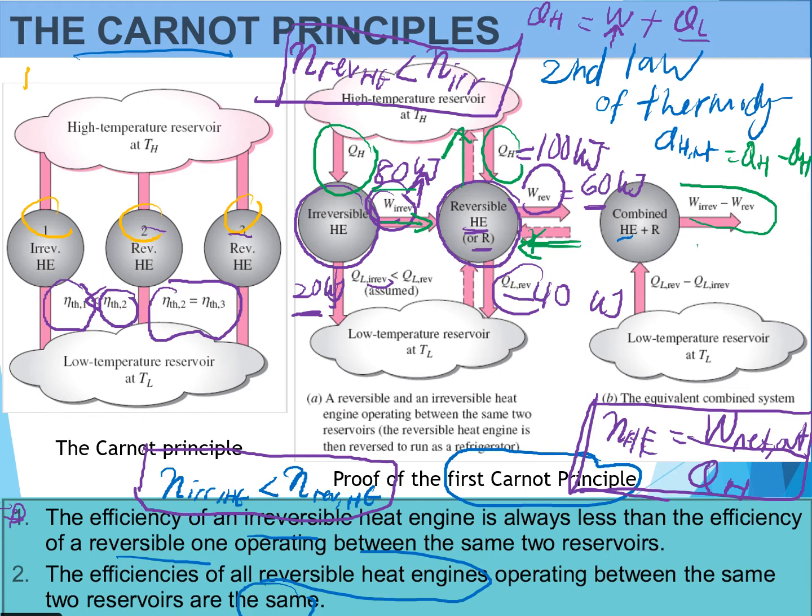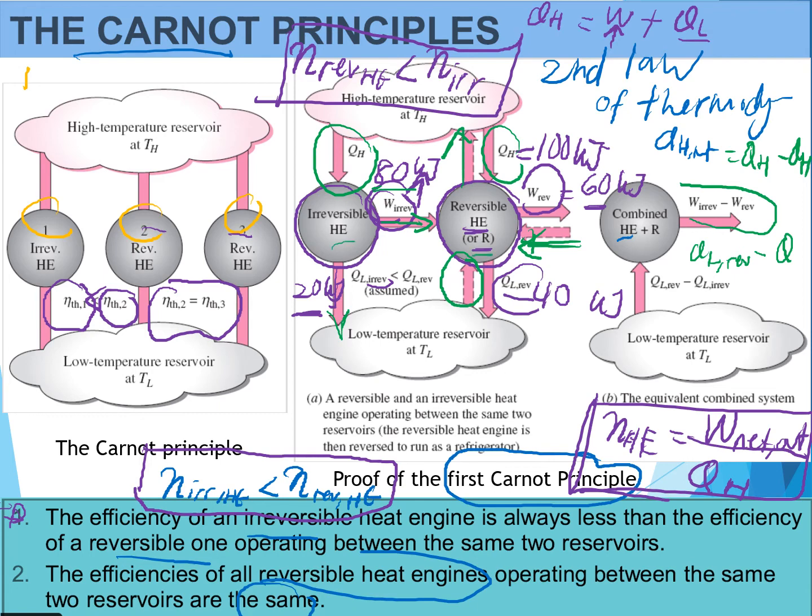And then what is QL net? QL net is the Q in that goes to the refrigerator, the reversible heat engine, minus the QL that goes out from the heat engine, because the direction is reversed for a heat engine compared to the refrigerator.